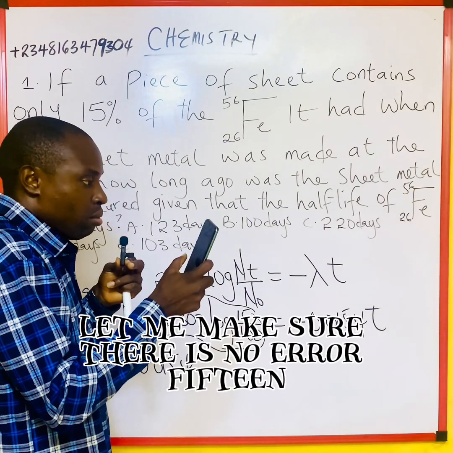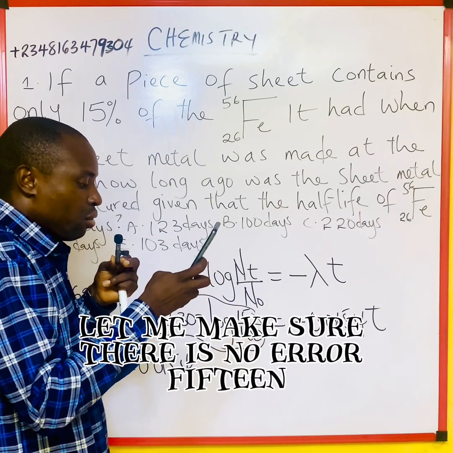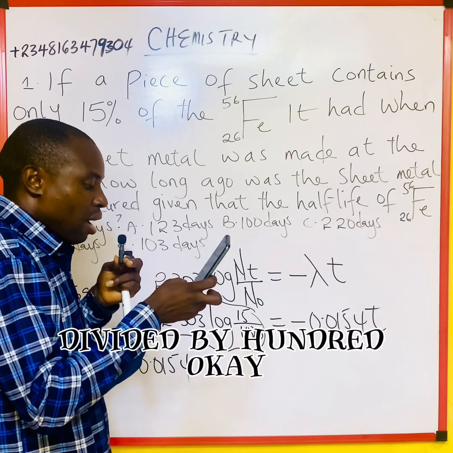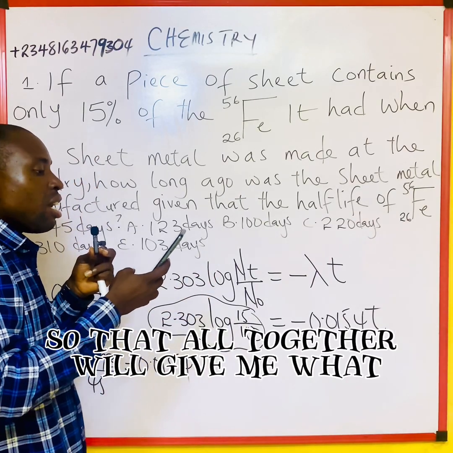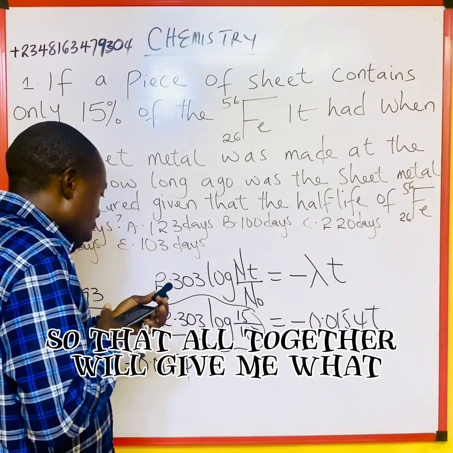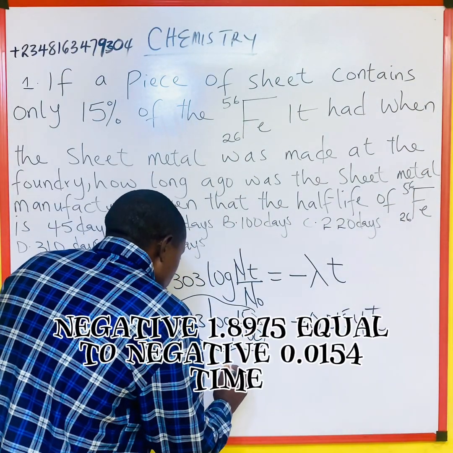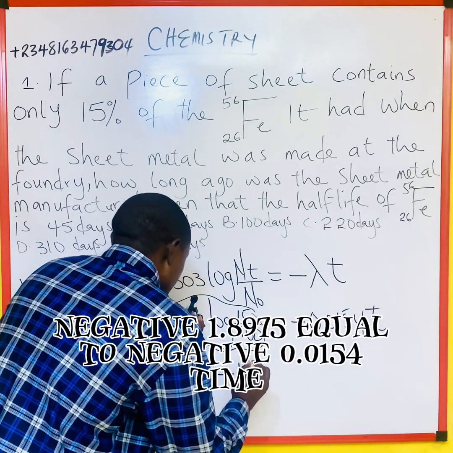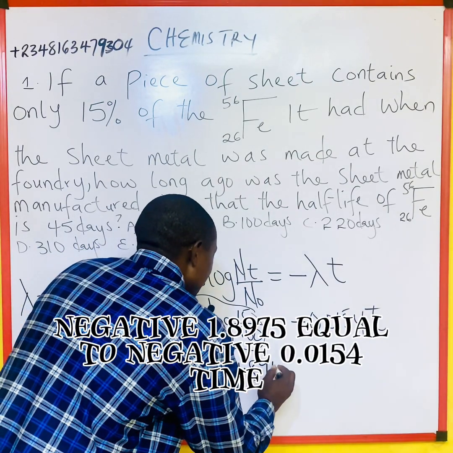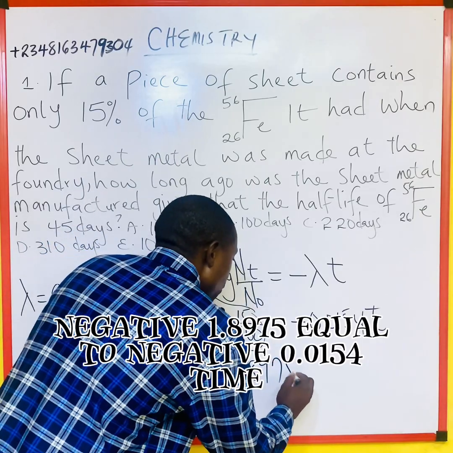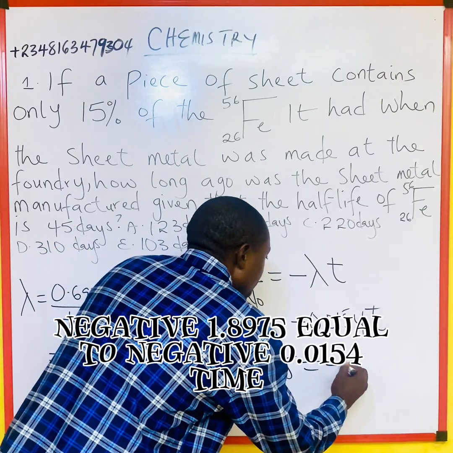Let me make sure there is no error. 15 divided by 100, okay, so that all together will give me negative 1.8975, equal to negative 0.0154 time.